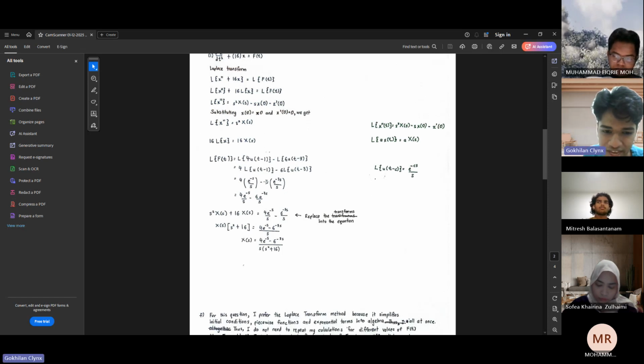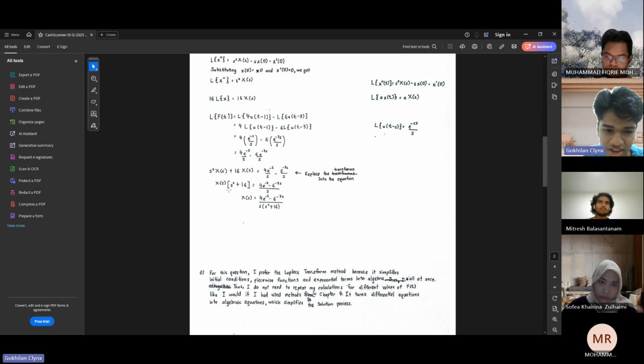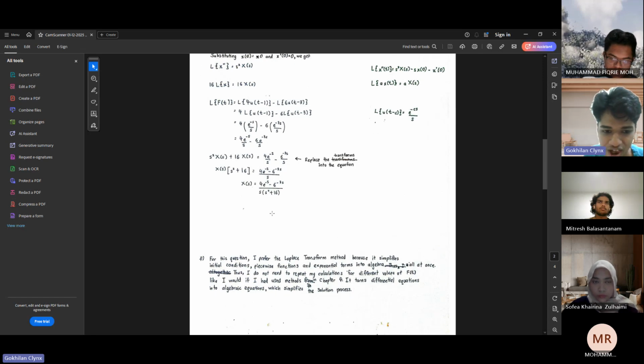So we get 4e^(-1s) over s minus 6e^(-3s) over s. And then we substitute into the equation and we factor out X(s), the frequency domain. So we solve for X(s).